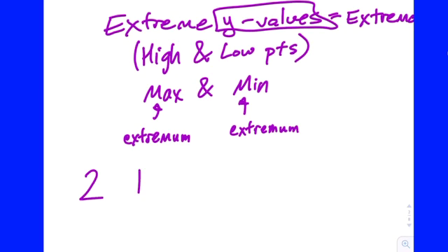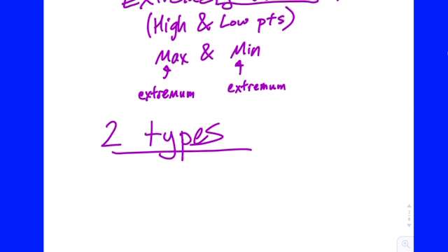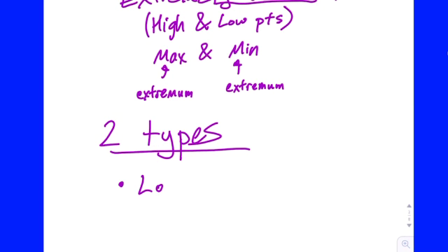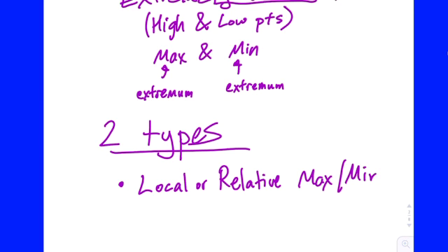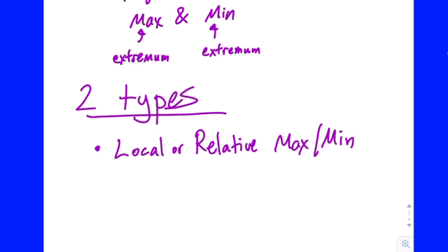Now there are two types of max mins. All right, the first type is going to be what we call local max and mins or relative max and mins. They are actually interchangeable. Local max mins, relative max mins, they're interchangeable.